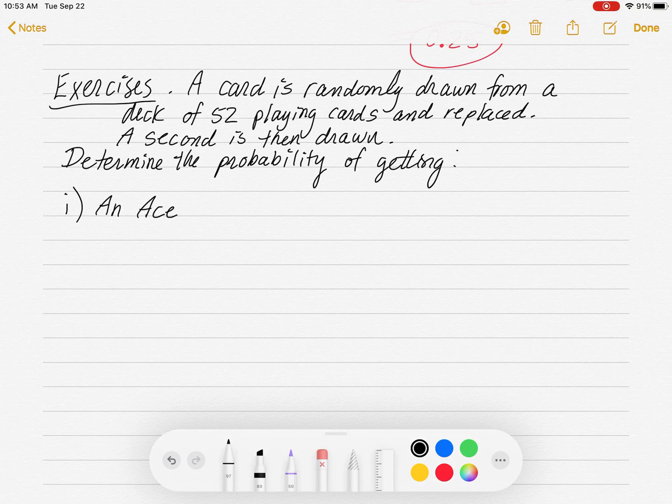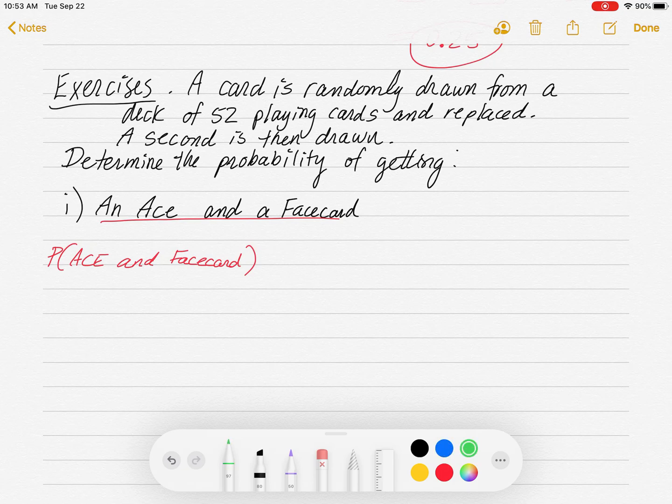And a face card. An ace and a face card. So we want the probability of an ace and a face card. 2 draws with replacement, right? We're replacing.